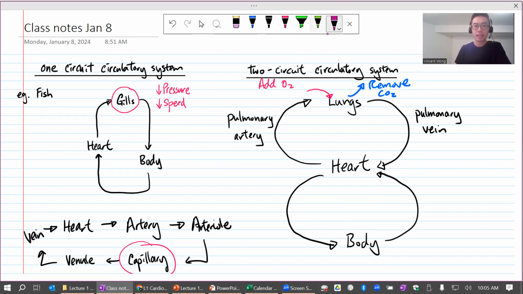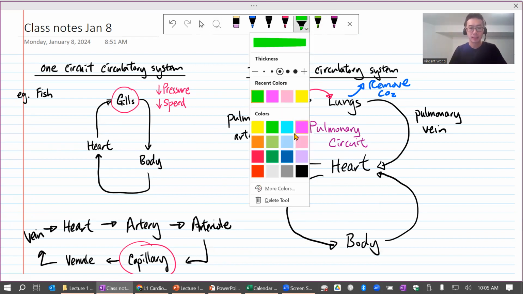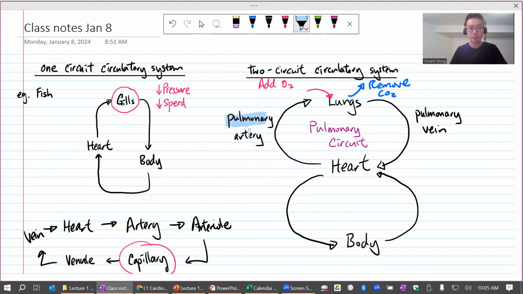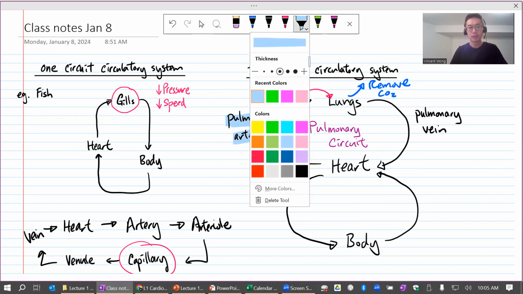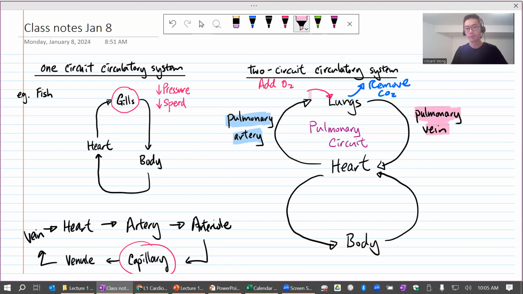And this circuit is called the pulmonary circuit. The purpose is to reoxygenate the blood. So the blood goes from blue, again, figuratively speaking, to red.